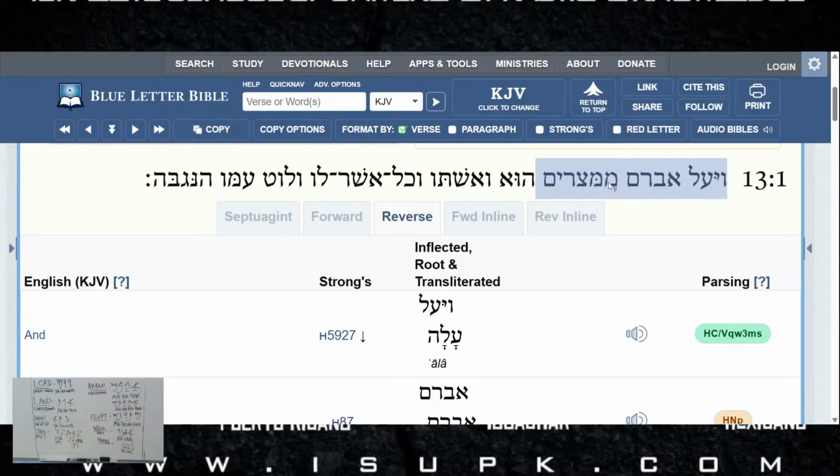Matazarium. Ma at the beginning of a root word is "from." From Matazarium. We know that Matazarium is Egypt. Okay. And he against, and he upon, and he over Abram from Egypt, and he against Abram from Egypt.